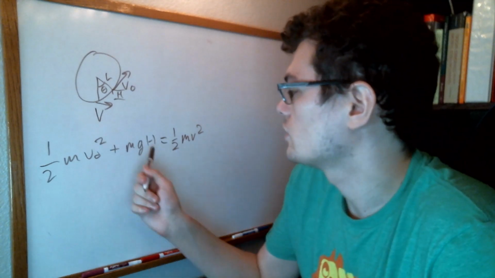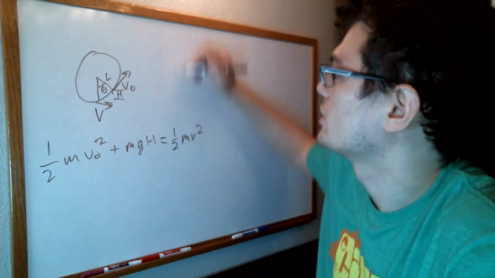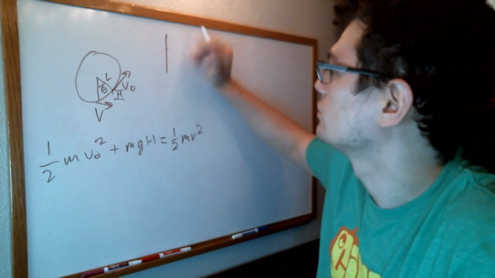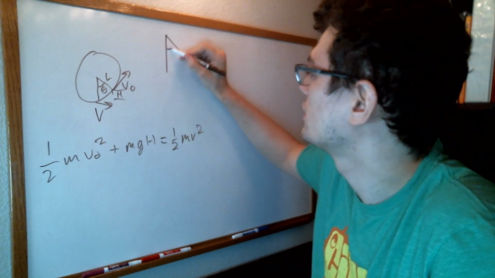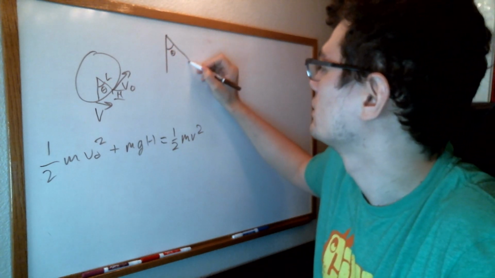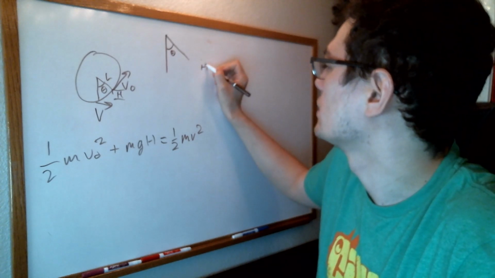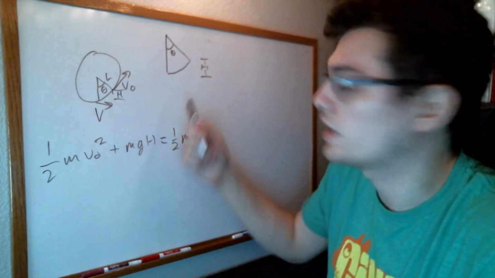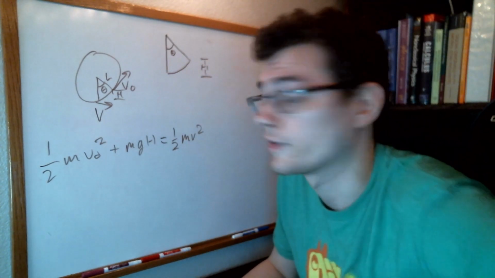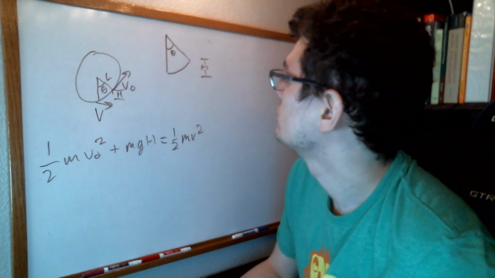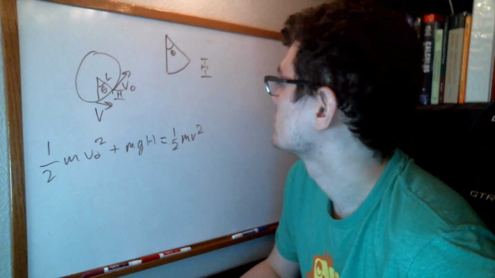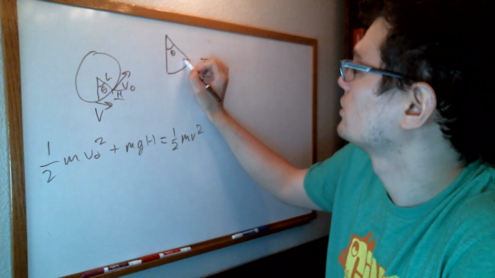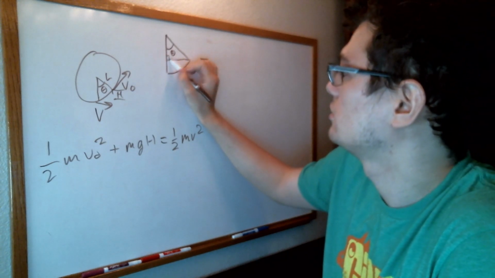What you can do is solve for what h is geometrically. In this case we have a circle and an angle theta, and we said that this is h, and this is an arc length. So this is not actually a triangle, or even a right triangle for that matter. So we need to find what h is, and we can draw a little line here to make this a right triangle.